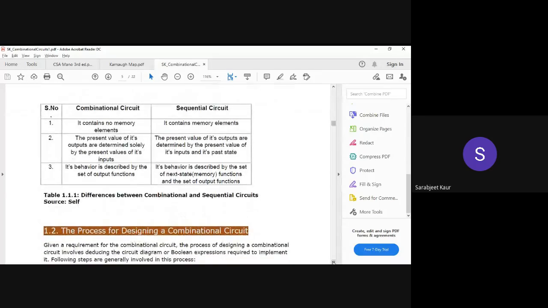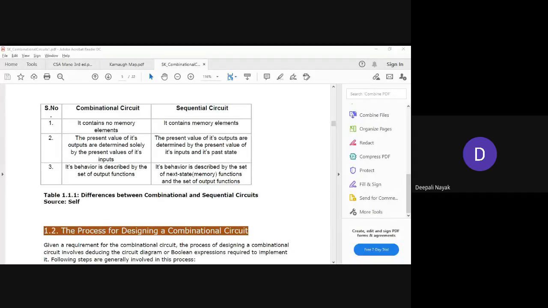So these are the differences between the combinational circuit and a sequential circuit. Can you just read them through, Dipali? We've already gone through them. Just read through them so that the topic is completely revised. Combinational circuit: it contains no memory elements.